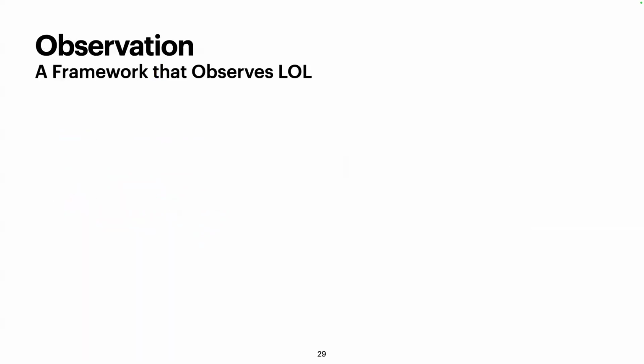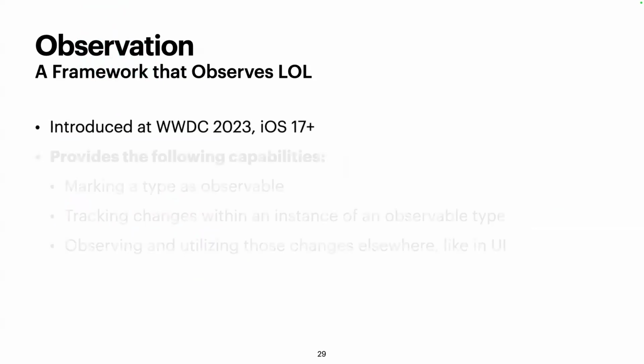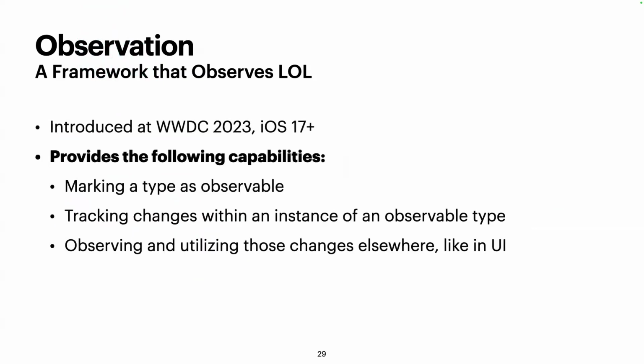So to circumvent that, we use a framework called observation that was introduced in iOS 17, and it provides the following capabilities. You can mark a class type as observable. And what that allows you to do is track changes within an instance of an observable type, and you can observe or utilize those changes elsewhere, like in UI.